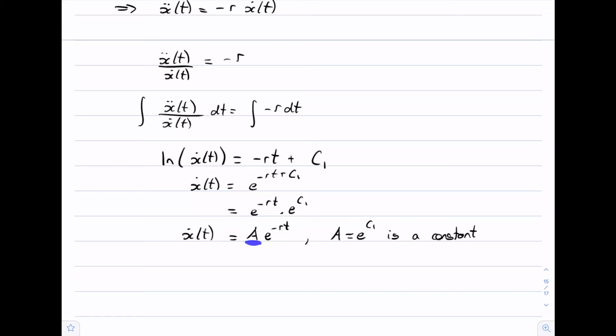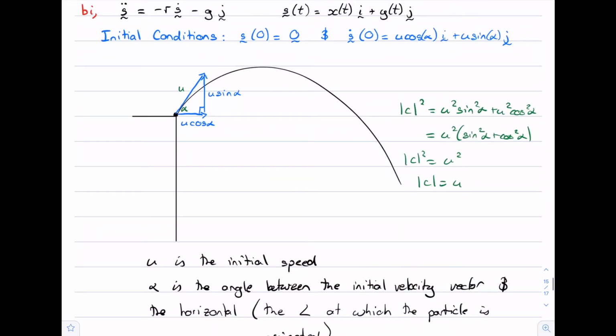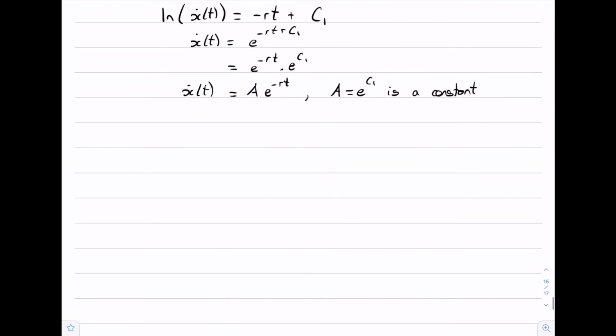Now we'd like to work out what that a is, and we can do that using our initial conditions. If we go back up to where we wrote our initial conditions, this is the initial condition for the velocity, so the x coordinate of the velocity. So when time t equals 0, x dot is equal to u cos alpha. So let's use that condition here.